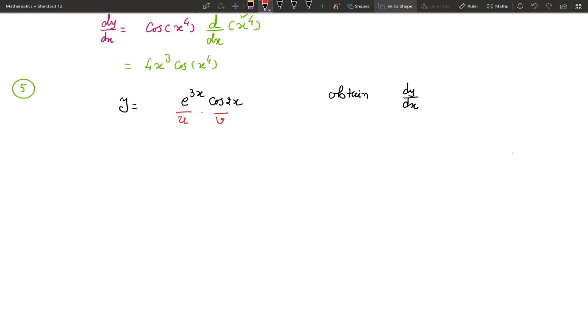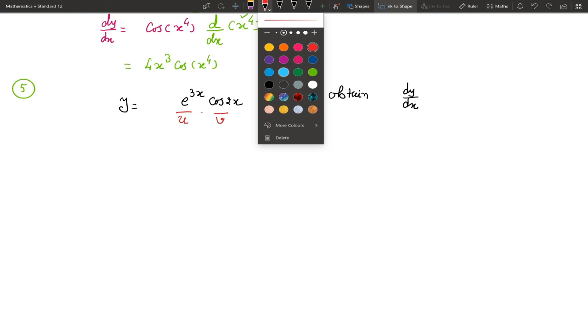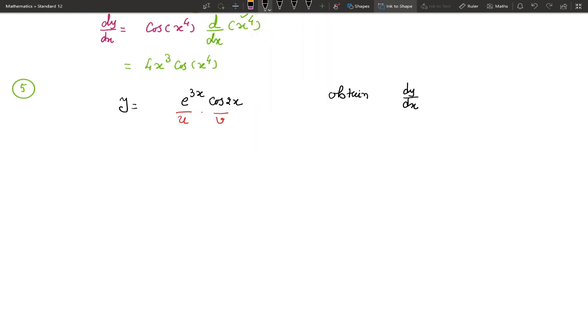So let us differentiate using the product rule. So dy by dx is u into the derivative of v. So e raised to 3x, that is u, first, into the derivative of second, plus v into the derivative of u. So here we have used the product rule.